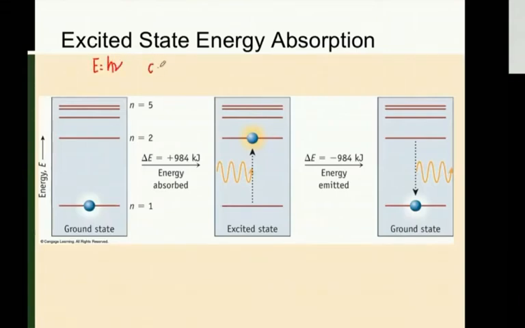It can also be related to the wavelength because c, the speed of light, is equal to lambda, the wavelength, times nu, the frequency. So it's thanks to these two equations that we can interrelate energy, frequency, and wavelength.